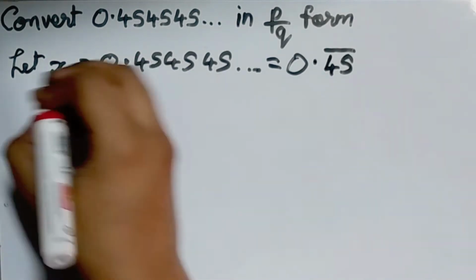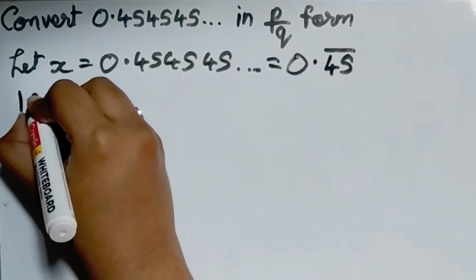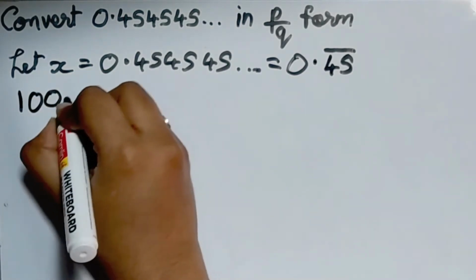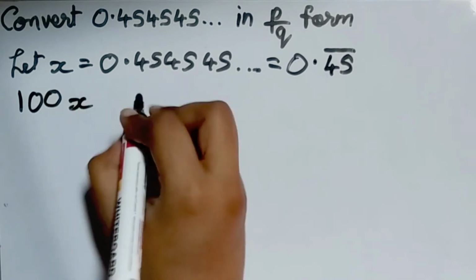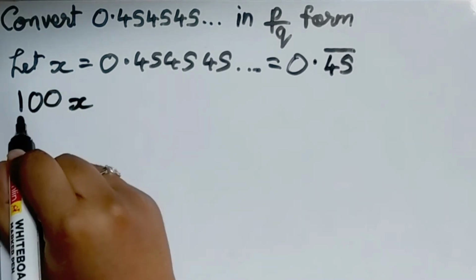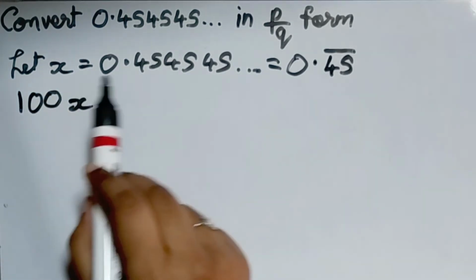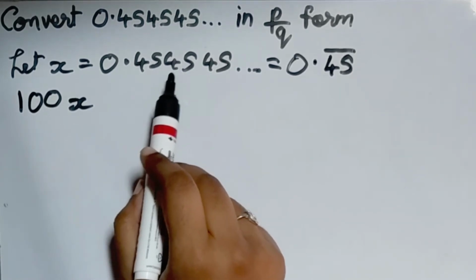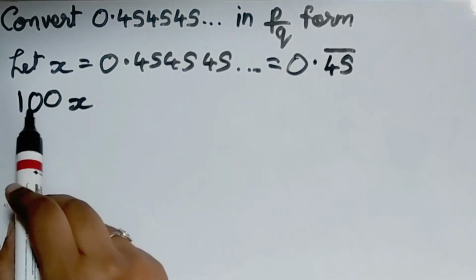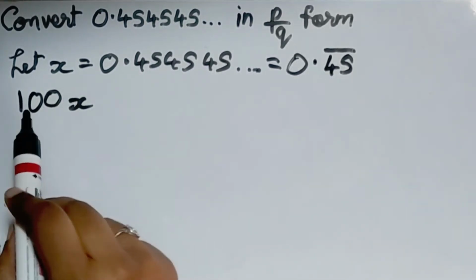So what we will do, after 1 we will put 2 zeros, that is 100 into x. We will multiply this x by 100. Why? Because after the decimal two numbers are repeating, so we multiply x by 100.